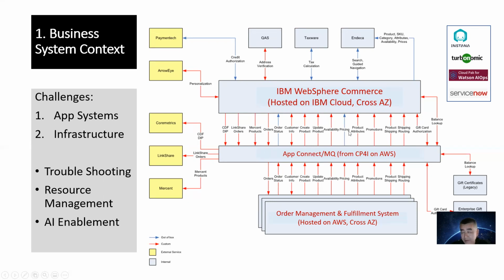So number 1, their application level integration is sophisticated. And number 2, at the system level, this is a hybrid cloud, including the IBM cloud and the AWS cloud, across multiple zones.